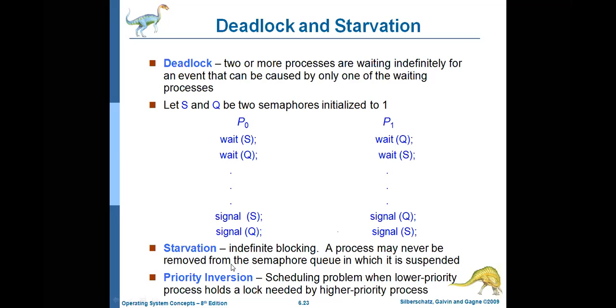In this example, P0 is indefinitely waiting for P1 to perform signal of Q and P1 is waiting for P0 to perform signal of S, but both the processes are waiting. Why? Because they did not perform the signal operations. If they are not performing these operations, the two processes wait for each other indefinitely. That situation is called deadlock.